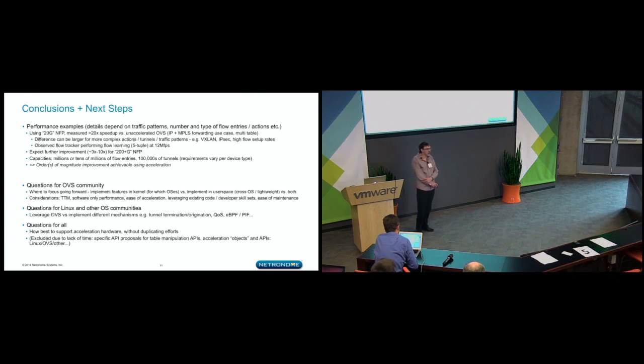Question for the other communities are, conversely, do they want to leverage OVS or do they want to create their own thing like eBPF, PIF, etc., their own tunnel code? And how do we square the circle and work well together while supporting the acceleration approaches that need to be supported?